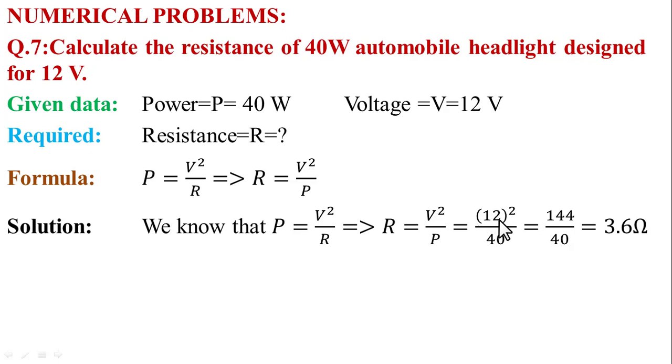Taking the square of 12, that is equal to 144 divided by 40, that is equal to 3.6 ohm. So the resistance of the headlight is R is equal to 3.6 ohm.